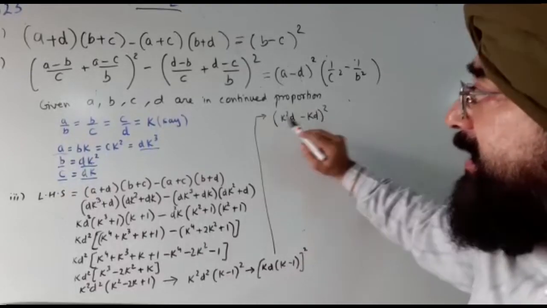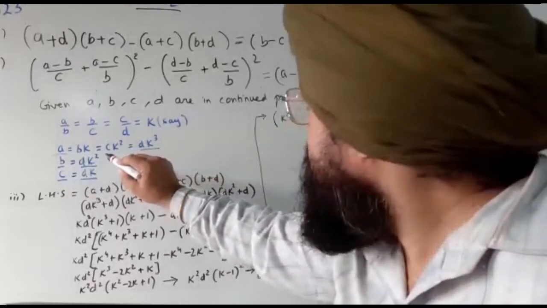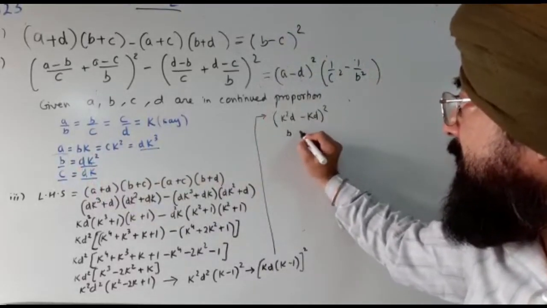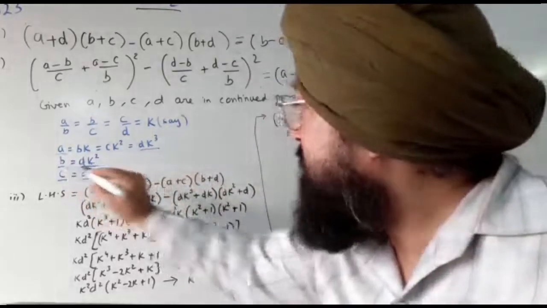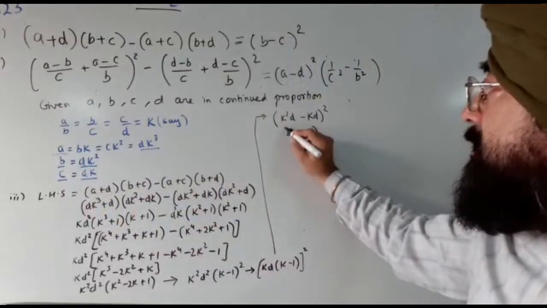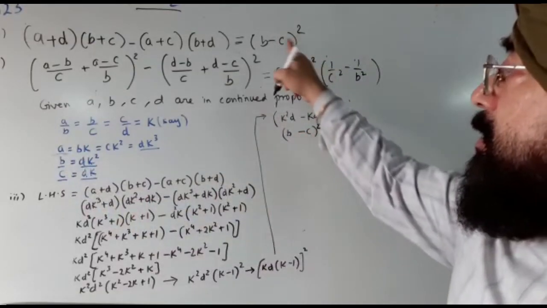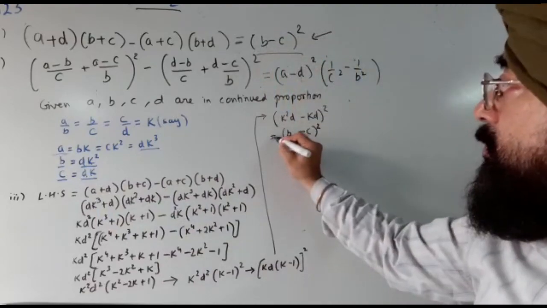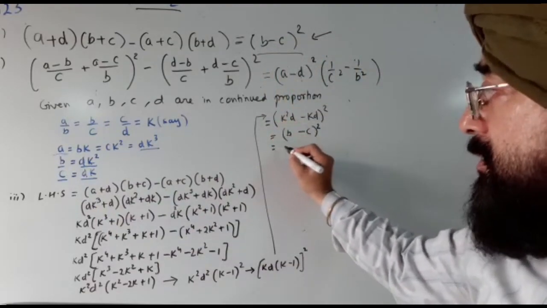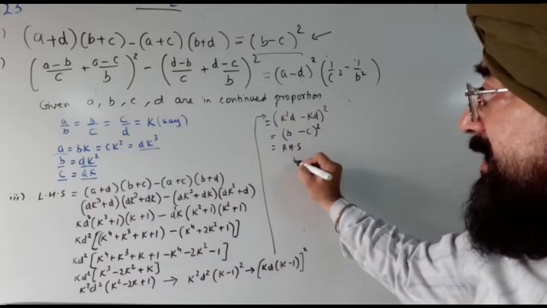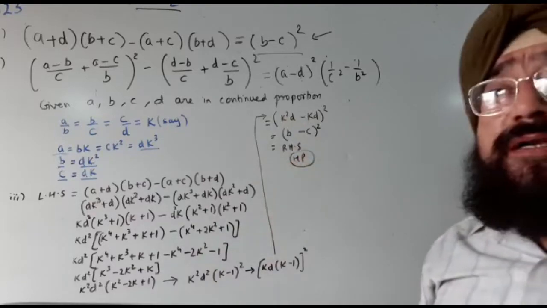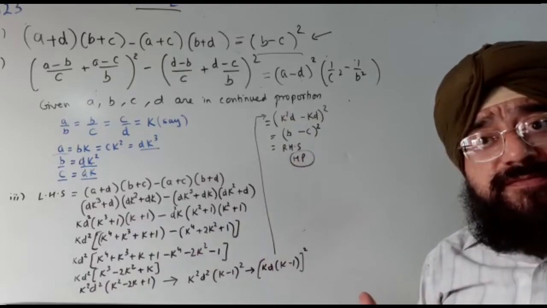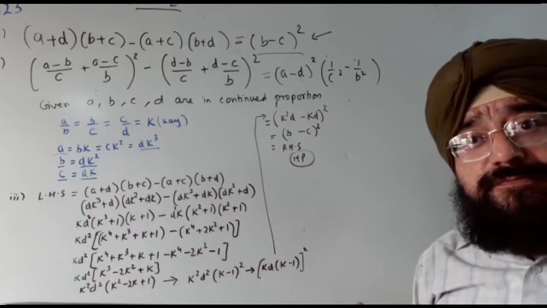I remember K square D is nothing but B, while KD was nothing but C, whole square, and that is what I was supposed to prove. See, that is equal to your RHS, and proved the third part. Did you follow this? Yes, sir. Okay.